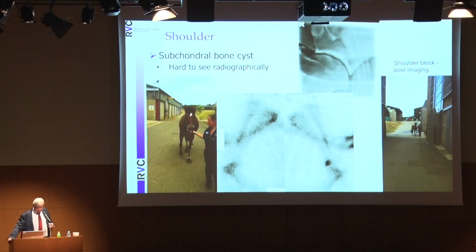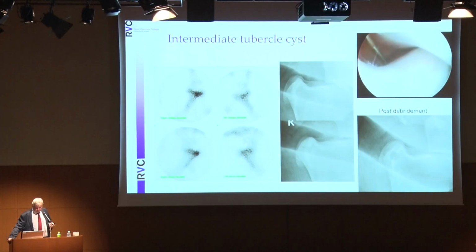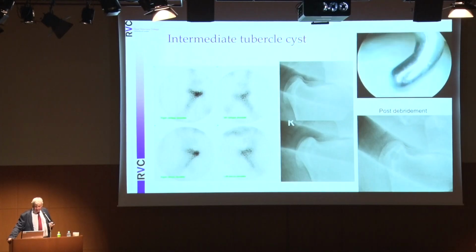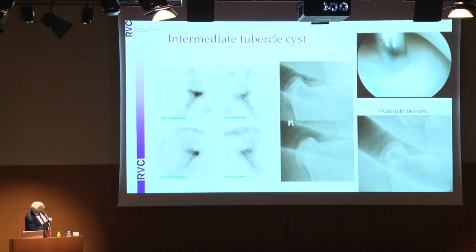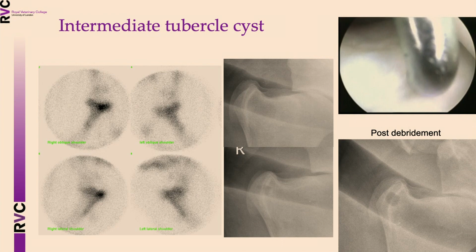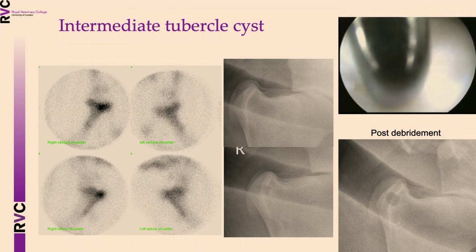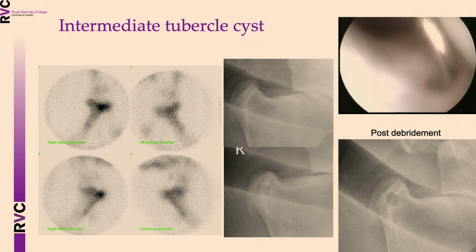This was due to a subchondral bone cyst, which doesn't always show up on a bone scan. So this is another unusual cyst affecting the intermediate tubercle of the proximal humerus. Gamma scintigraphy was useful to identify the area of abnormality with increased uptake.